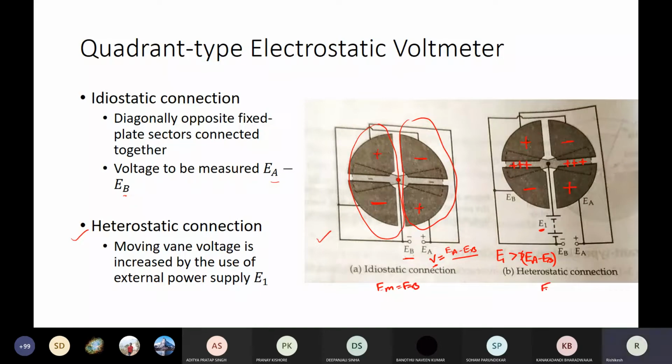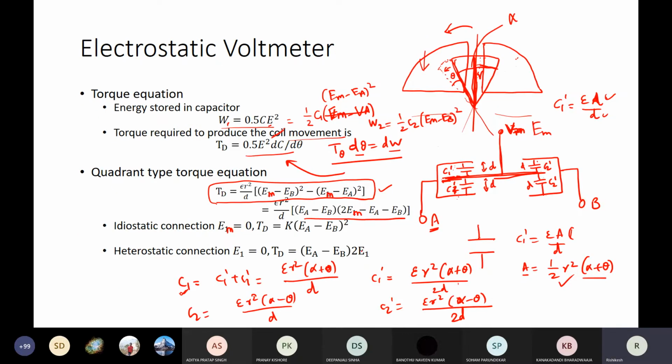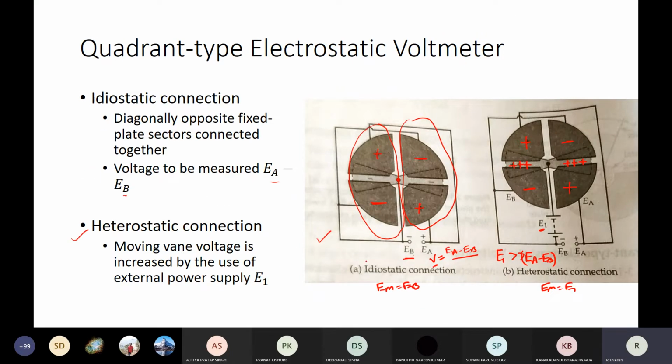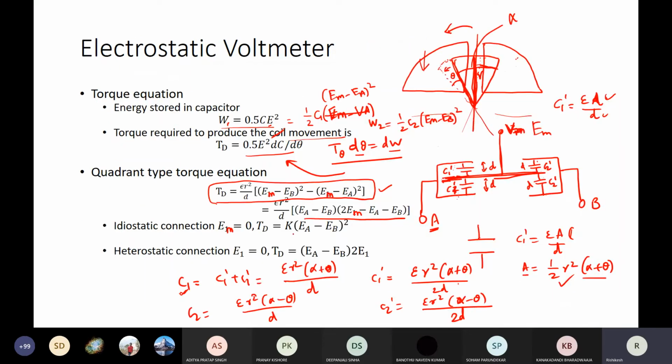So here EM is E1, it is equal to EB. And let's say if I apply the voltage which I want to measure across this and consider this as my ground terminal, then EM becomes 0 and the developed torque is proportional, apart from the constant K, to (EA minus EB) square. EB is 0 basically. So it is EA square, the voltage difference between these two, squared.